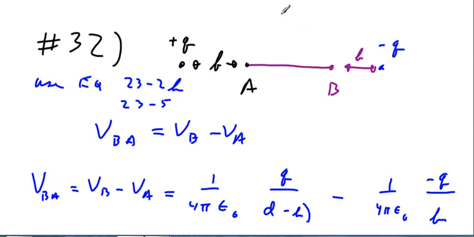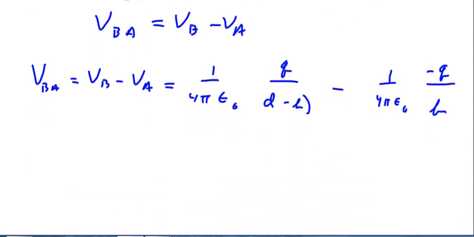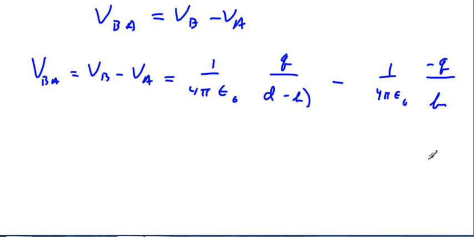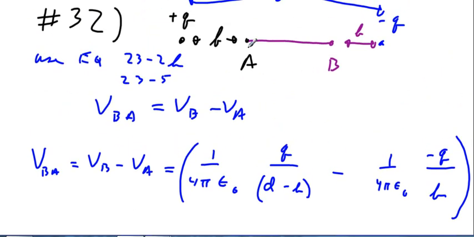Okay, now this total distance is D. That's the total distance, D. All right, that's the voltage at B. Okay, so we'll put parentheses there. So that's the voltage at B, the voltage caused by the positive charge and the voltage caused by the negative charge.